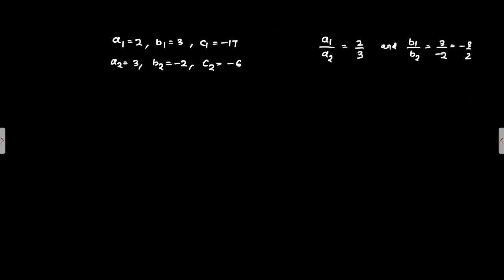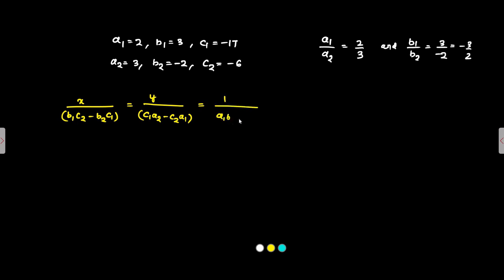If you remember the formula, you can directly write it. Suppose you remember the formula, then you can directly write it as, let's say, x by b1 c2 minus b2 c1 is equal to y by c1 a2 minus c2 a1 is equal to 1 by a1 b2 minus a2 b1.